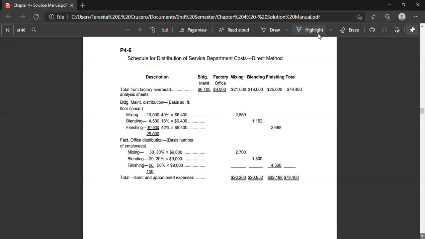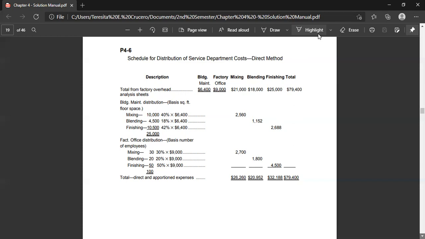So in this problem, even though the factory office was one of the departments being served by the building maintenance, the factory office will no longer share in the cost of the building maintenance, the fact that the factory office is a service department.